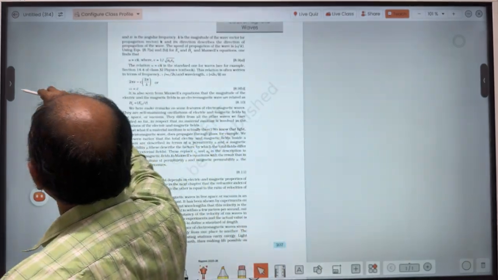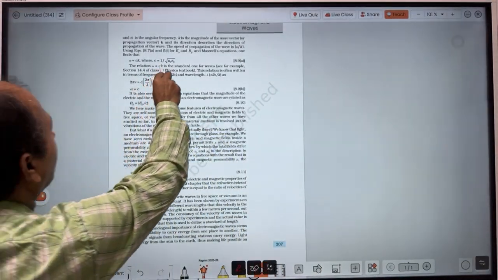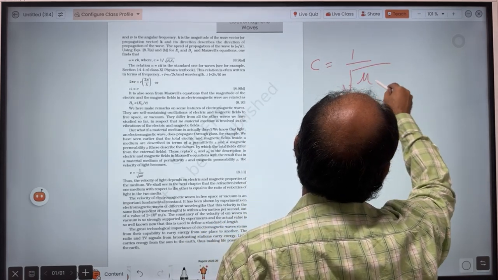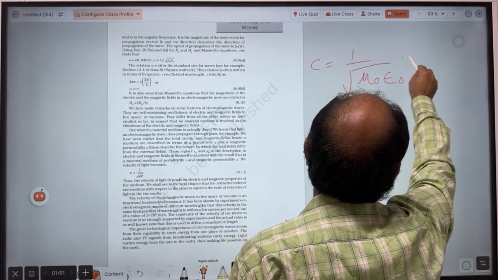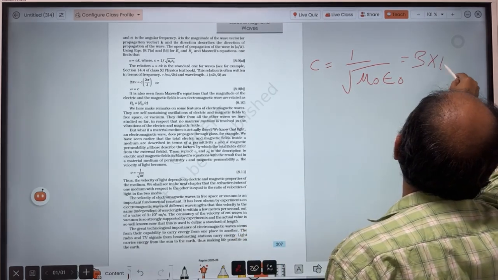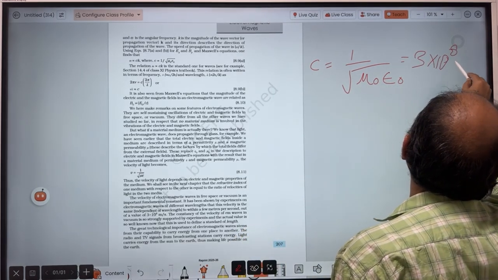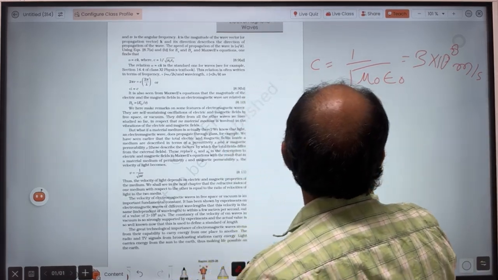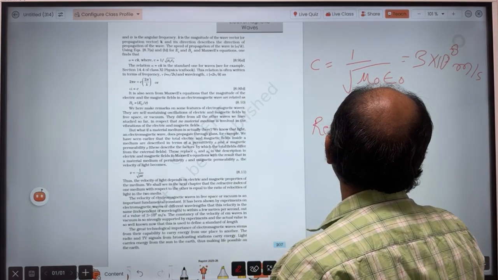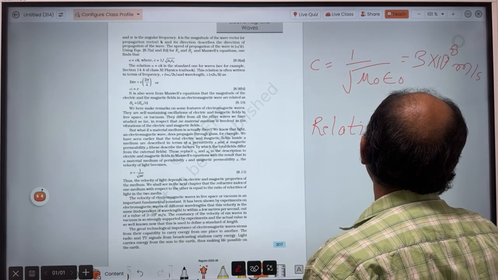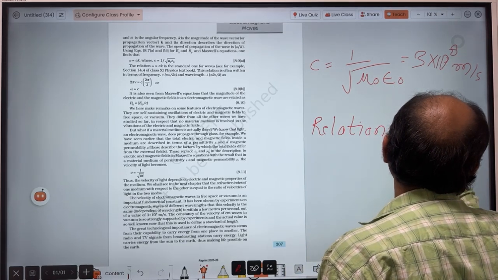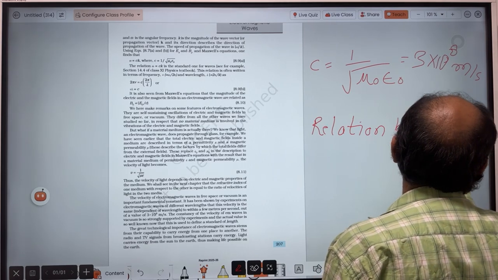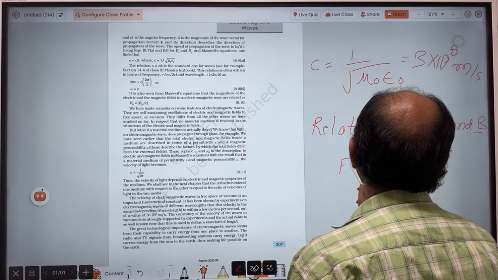So we will see the speed of an electromagnetic wave is given by c equal to 1 upon square root of mu naught epsilon naught, and this will be 3 into 10 to the power 8 meter per second, right? And the relation between E and B, so let's write their maximum values.